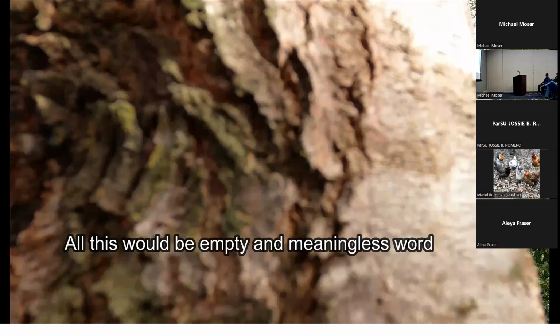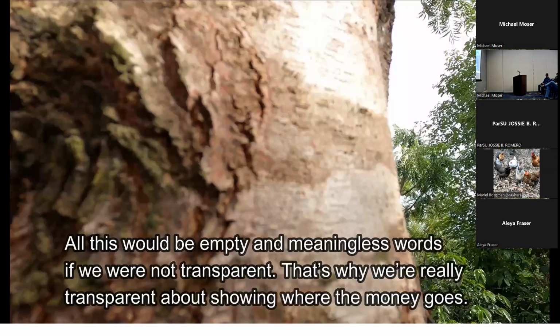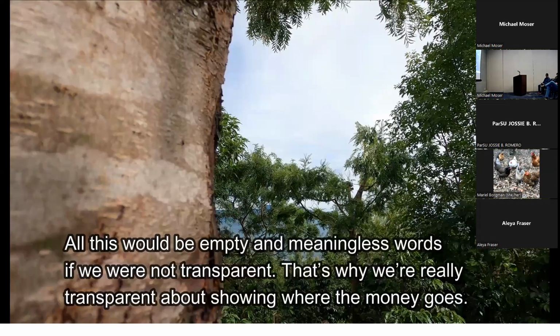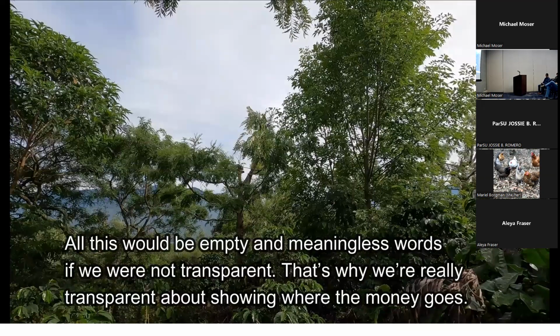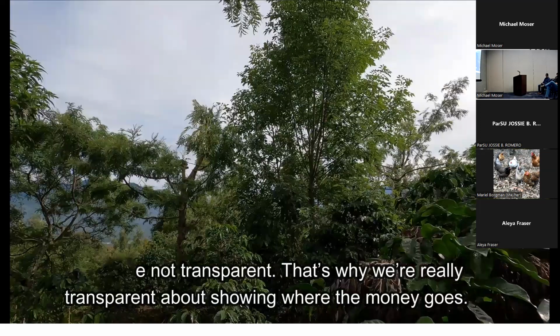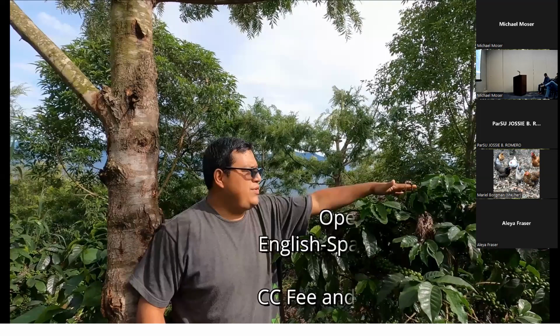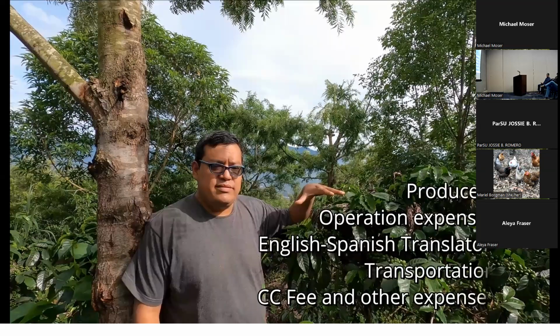All these would be empty and meaningless words if we were not transparent. That's why we're really transparent about showing where the money goes. When a visitor takes a tour, the income is divided as follows. Producers, 34%. That is the huge percentage.